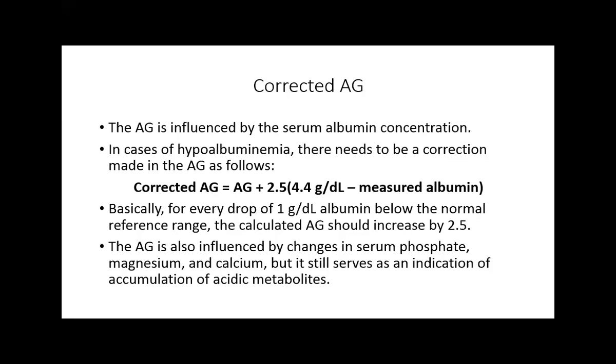But for some clinical conditions, that might have to be taken into consideration, and there are additional corrections and alternate formulations of the anion gap if you have some of these other conditions.